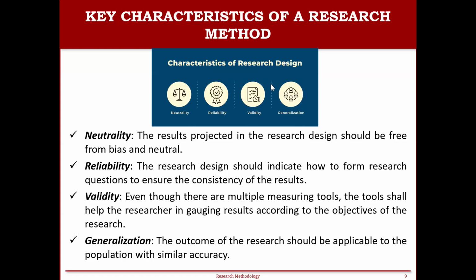And generalization means the outcome of this research should be applicable to the population with similar accuracy. So generalization means how well your research findings can be applied to a large population, because when we conduct a research study, we use a small sample. We take a small sample out of the whole population, and we assume that the selected sample represents the characteristics of the population.